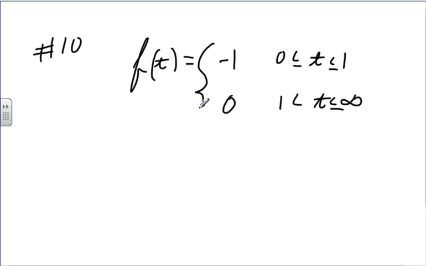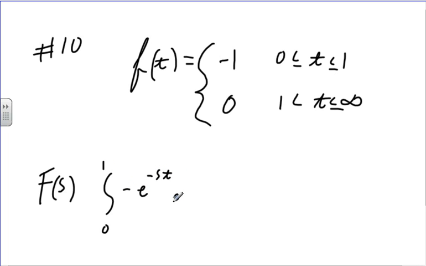So that's our function given to us in a graphic form, right? All right, so F of s is the integral from 0 to 1 of minus e to the minus st dt plus the integral from 1 to infinity of 0 times e to the minus st.